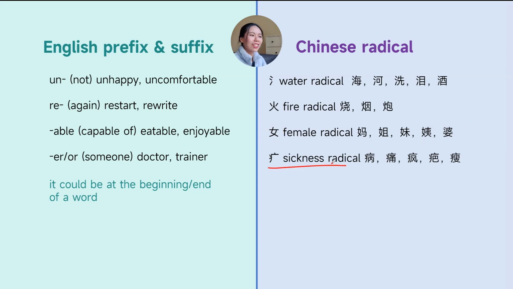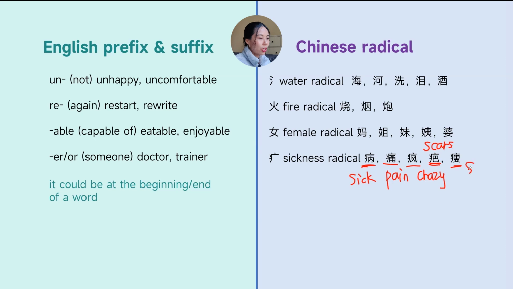Yeah, we do have a lot of radicals. Some radicals could have bad meanings, like the sickness radical. This one, 病, means sick. This one, 痛, means pain. This one, 疯, means crazy. Yeah, crazy. And this one, 疤, means scars. And this one, 瘦, means skinny. Yeah, I know, skinny.